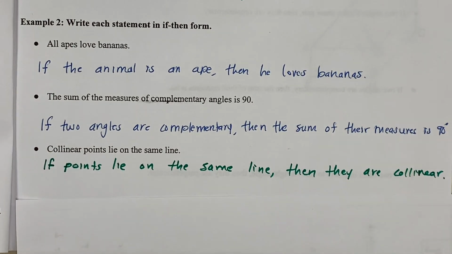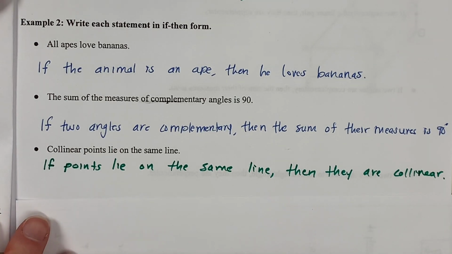We need to make sure if comes first, followed by then. And we have to make sure that we talk about the word collinear and points lying on the same line.